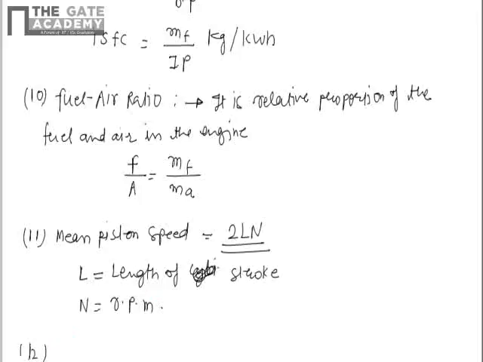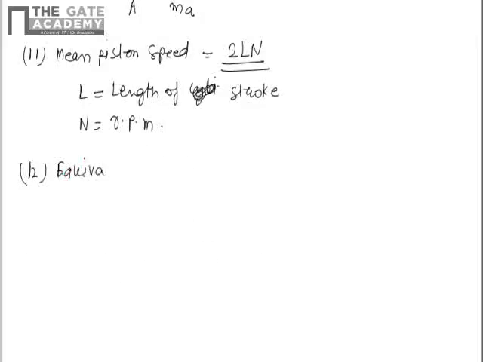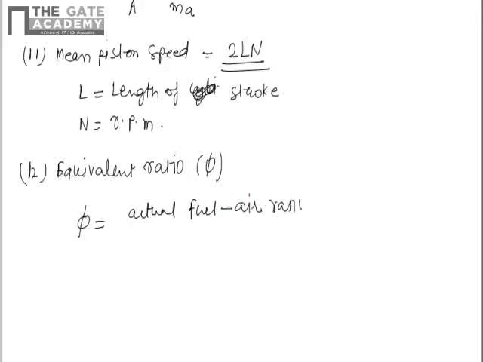Now let's talk about another important parameter, equivalence ratio, denoted by phi. So phi is the actual fuel air ratio to the stoichiometric fuel air ratio.